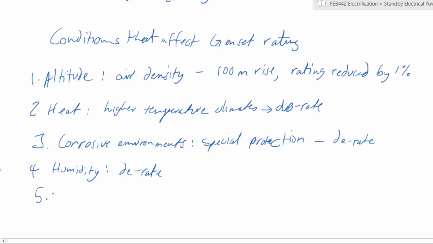And another consideration, number 5, would be dust. So in areas where there is a lot of contamination in the air, dust and other particles within the air, you would then require filters in the air intakes of the machine, in which case you would then be restricting the airflow.